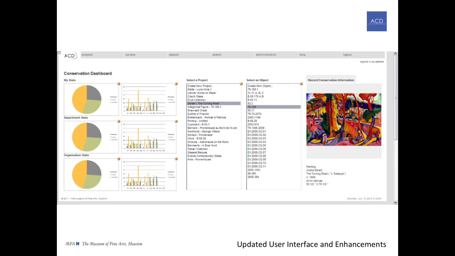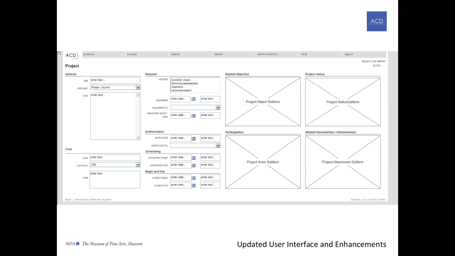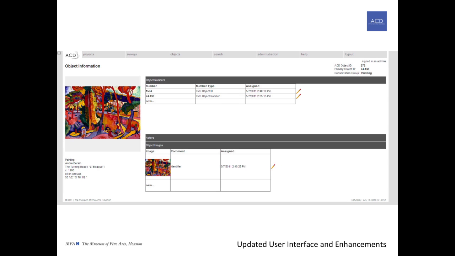We'd like to go from this dashboard directly into a project record. This would capture the overall information about a project: who participates in it, what objects are related to it, if it's a survey, the status of the project, and any related attachments or images or documents that, similar to Tracker, are links to those documents that will be managed by our DAMs, which Marty will talk about.